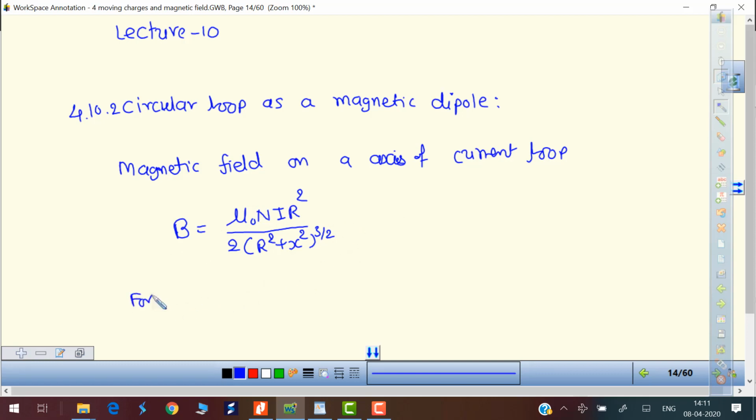So for x very large compared to r, where x is the distance from the center of the coil and r is the radius of the coil, we can drop r square in the denominator.